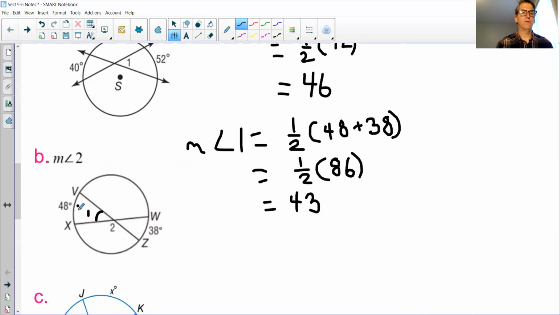So if this is 43, the measure of angle 2 will equal 180 degrees minus 43. And that's equal to 137.